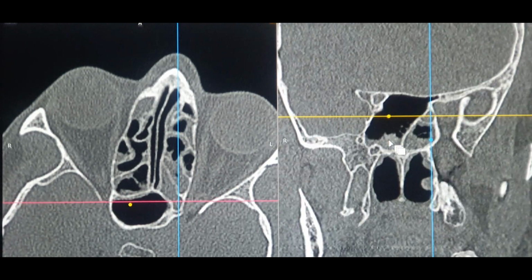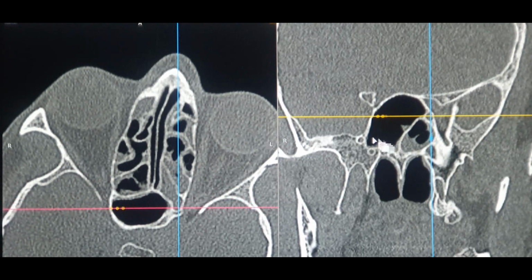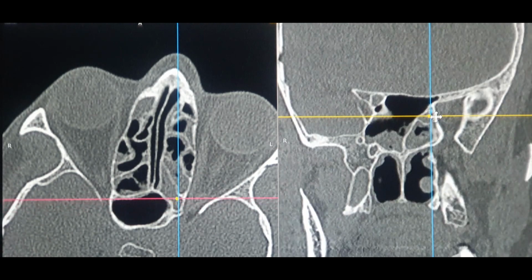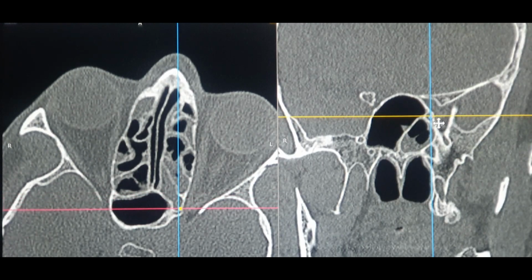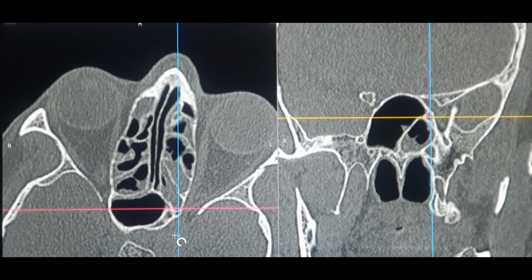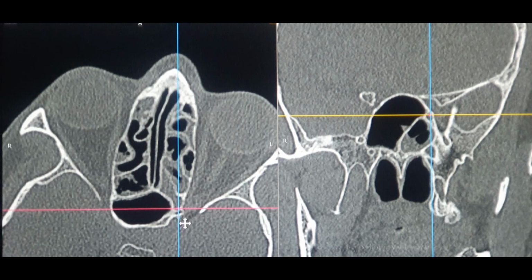So if I can go posteriorly in this case, I can actually see that the left optic nerve is also kind of opening up into almost this Onodi cell and the right sphenoid sinus. So because of the excess pneumatization of the right sphenoid, I can see on the left side the nerve is actually opening almost into the left Onodi actually.